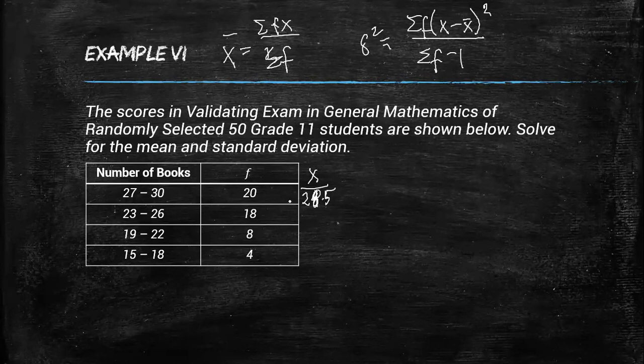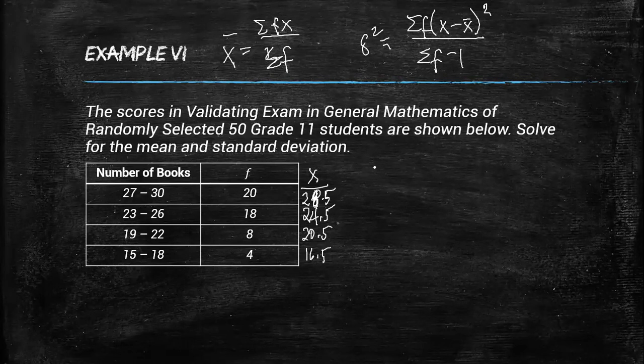Depende yan sa kung ilan yung scores na binigay ni class interval. So, kung decimal siya, edi decimal siya. Okay? Ngayon, sunod, 28.5, 24.5, 20.5 and 16.5.